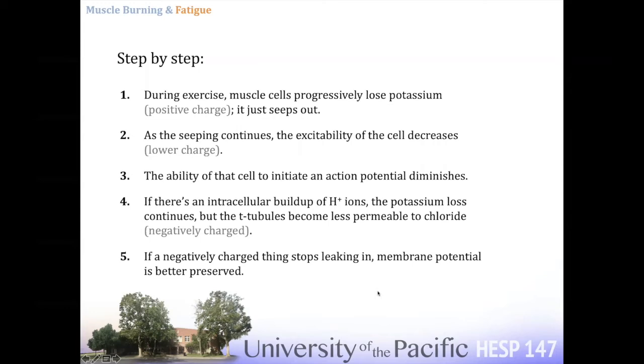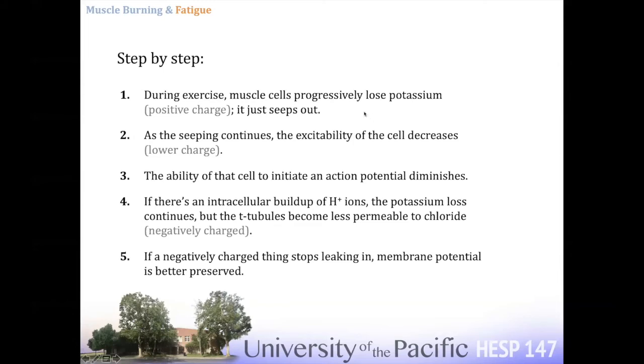If that negatively charged guy, chloride, in the presence of a bunch of hydrogen ions, stops leaking into the cell, into the T tubules, the charge stops falling so much, and your relative refractory period is not as severe.